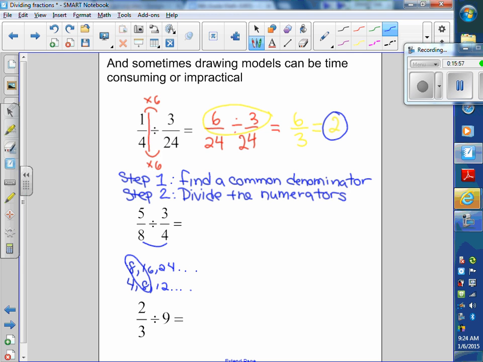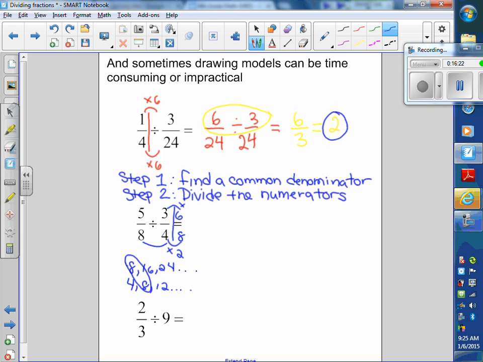So 5 eighths. What do I have to multiply 4 by to get that 8? 4 times what is 8? 4 times 2. So we have 6 eighths, right?